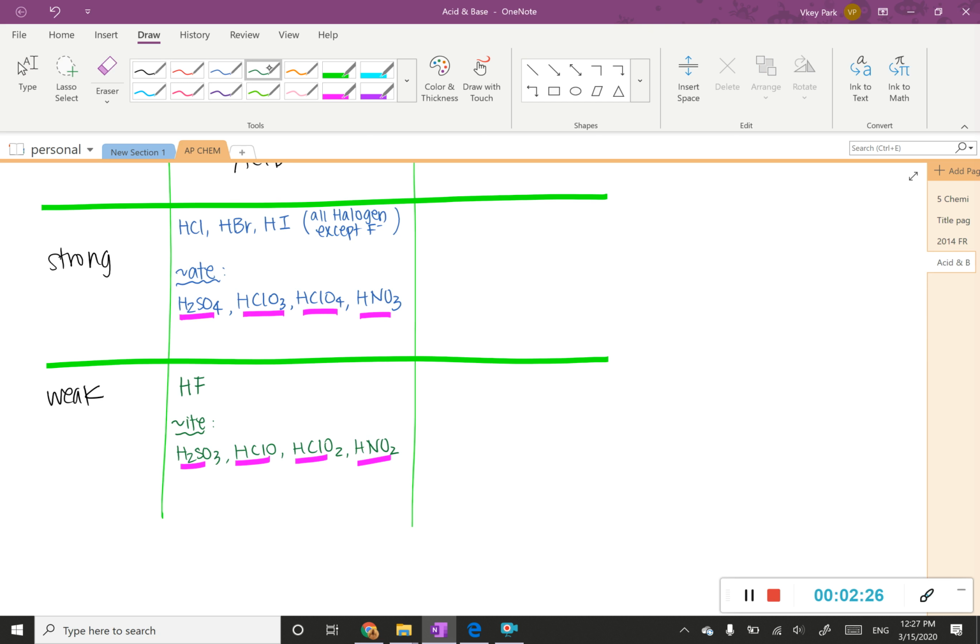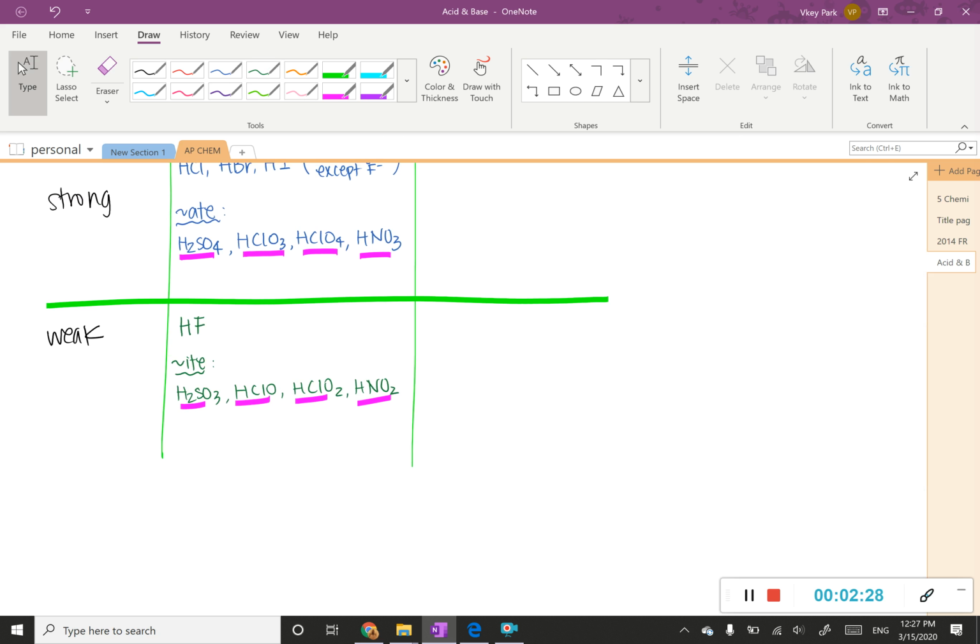Okay, cool. Also, another one is anyone and everyone with a carbon in it. So HCN, HC2H3O2, that's acetic acid, and cyanic acid, cyanide. We have H2CO3, and then any other ones that are considered sugars for the sake of lower level chemistries like honors chemistry and SAT II chemistry, but in upper levels like college and above, you know that these are going to be weak acids.